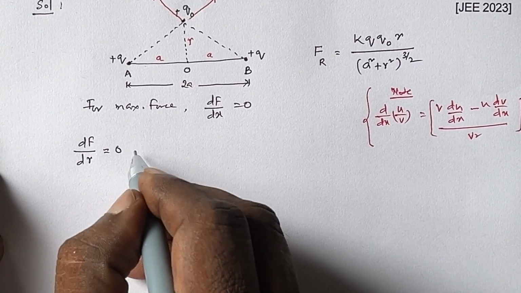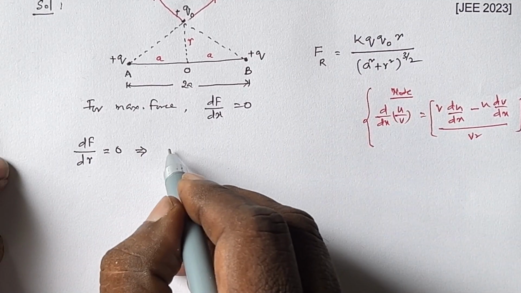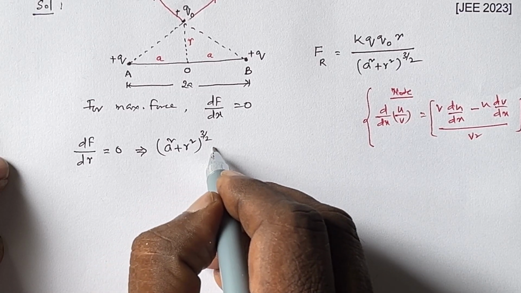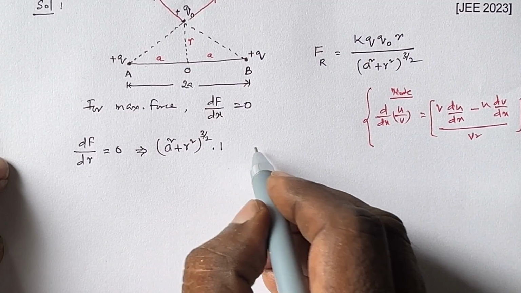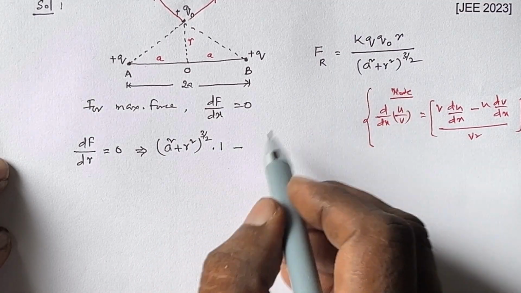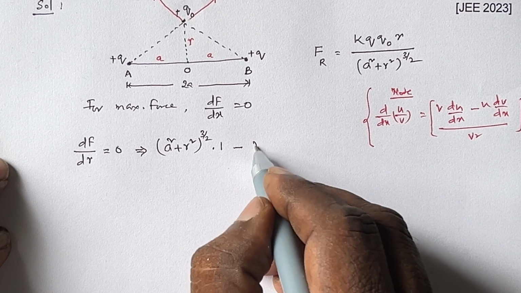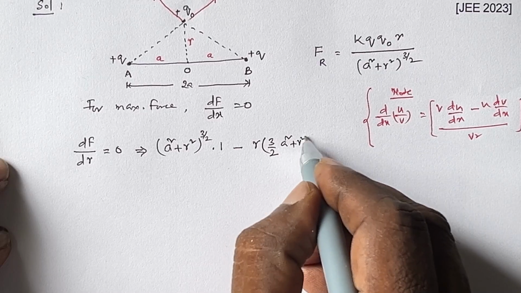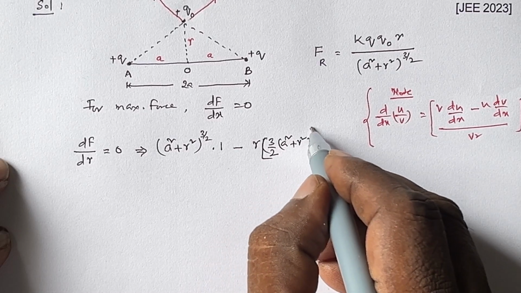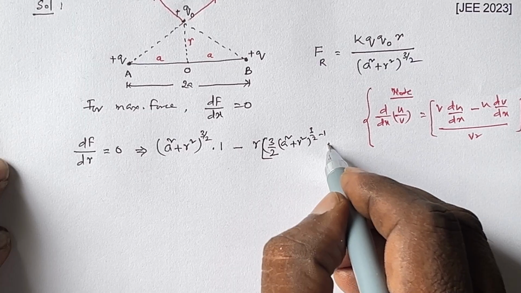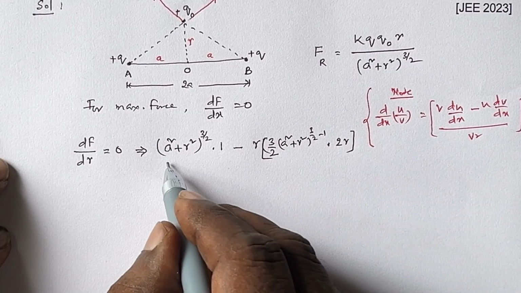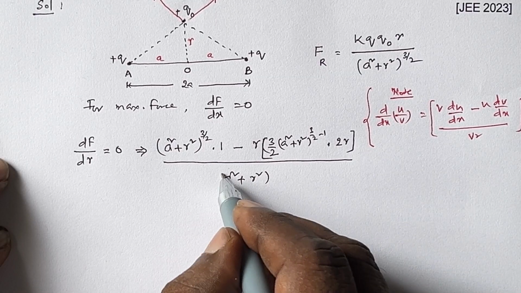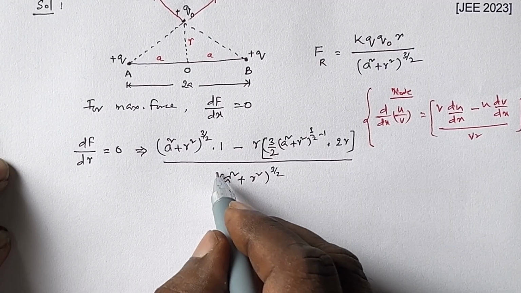So dF by dr: the first one is (a square plus r square) whole power 3 by 2 into, here only one r is there, minus this one, r into 3 by 2 (a square plus r square) to the power 3 by 2 minus 1 into 2r, by ((a square plus r square) whole power 3 by 2) whole square.